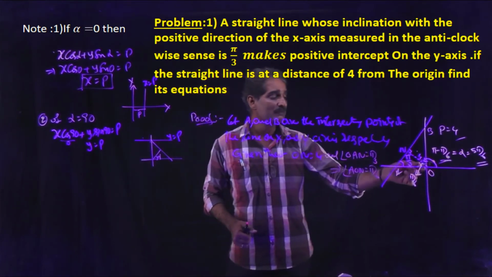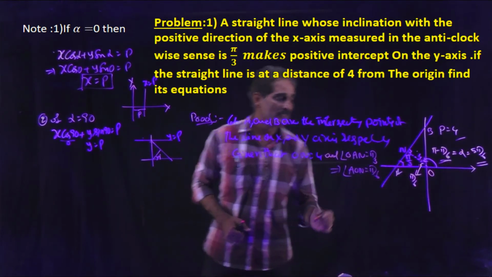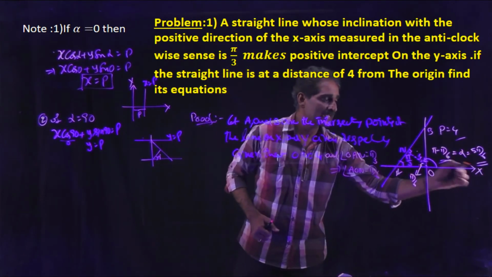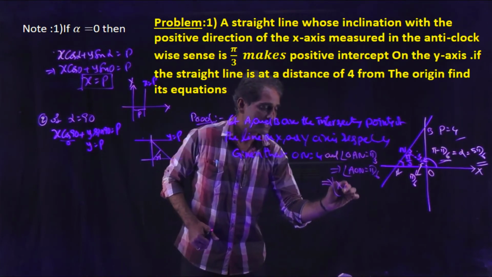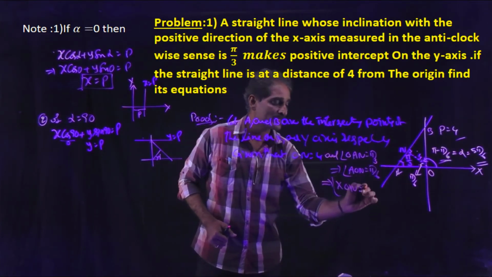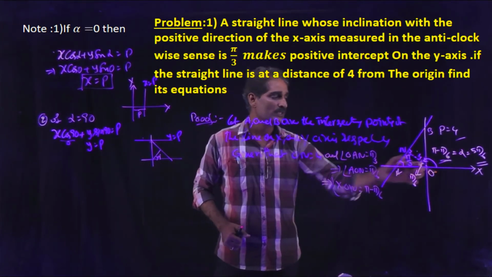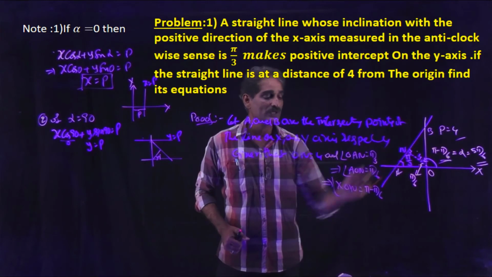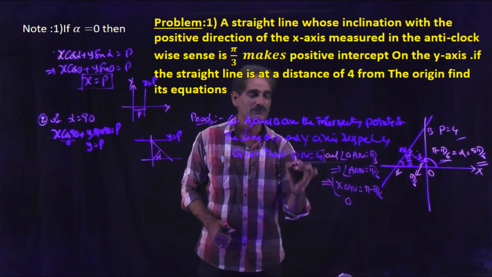Therefore, the angle made by this normal with x-axis, angle XON, is equal to pi minus pi by 6. So now it is alpha, and the length ON is equal to P units, and ON is equal to 4 units.